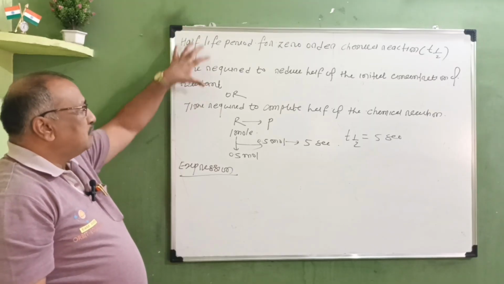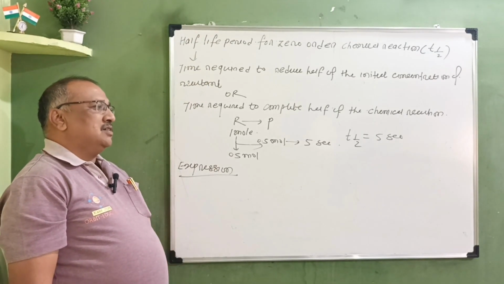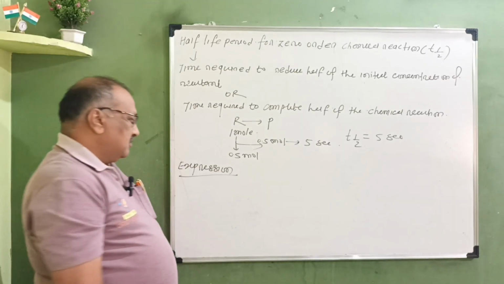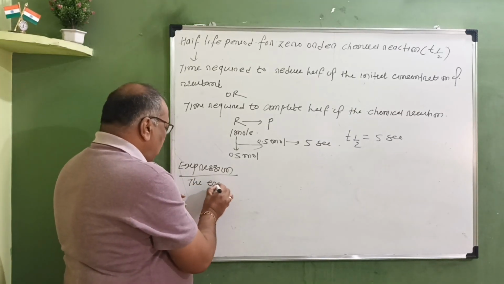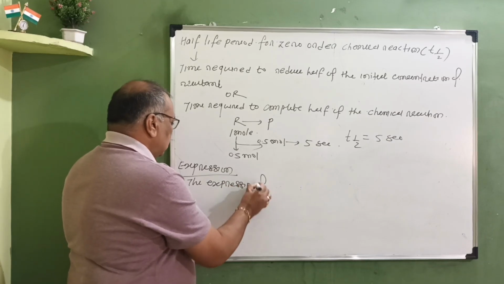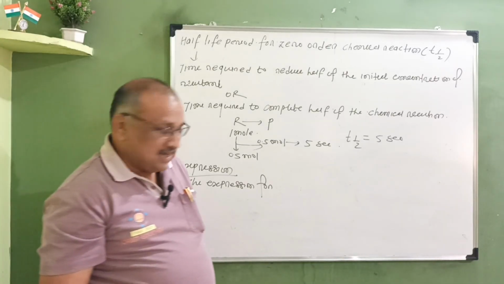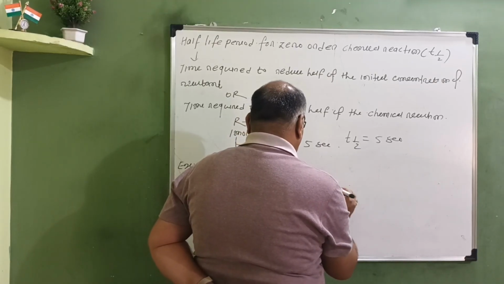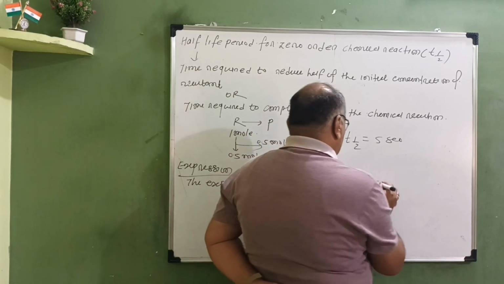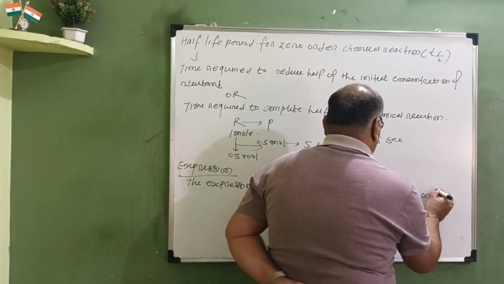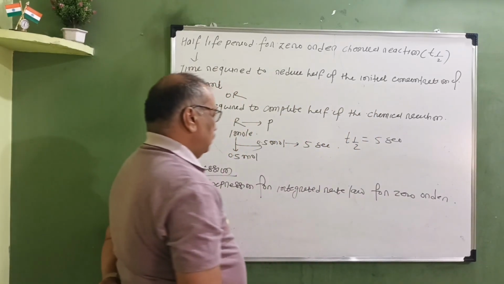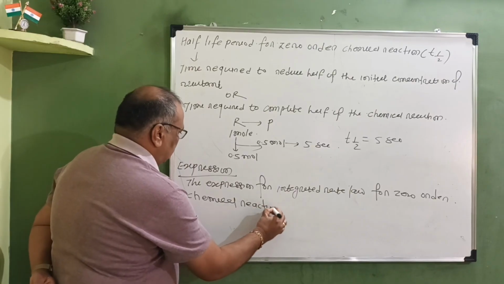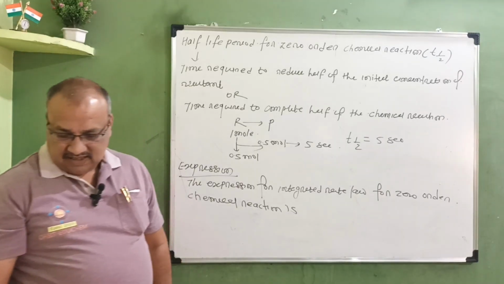To find the expression for half-life period, let us first consider the integrated rate law, or integrated rate equation, for a zero order chemical reaction.